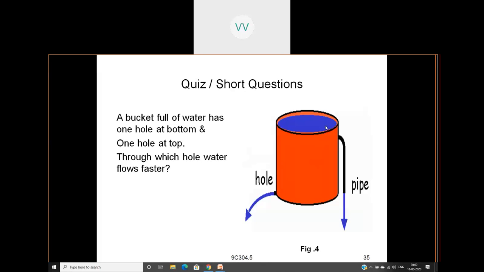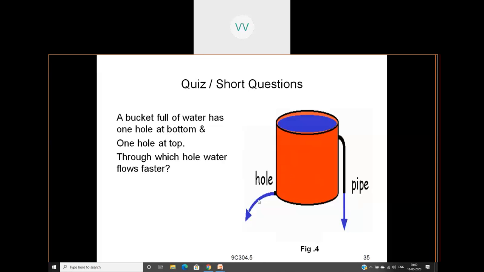See here, the pipe has been inserted at a hole which is nearly at the top surface, maybe 1 or 2 centimeters below. Once this depth is finished, there is no pressure or flow of water. But in the case of the bottom hole, the entire water pressure is there on this part of the hole.